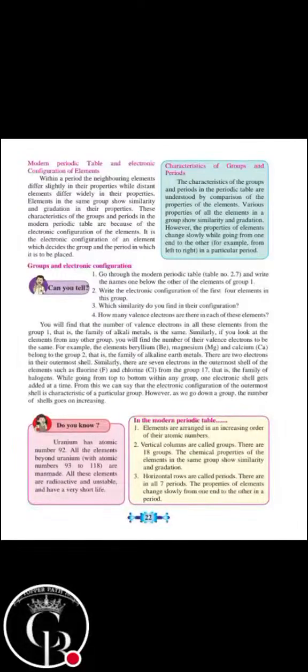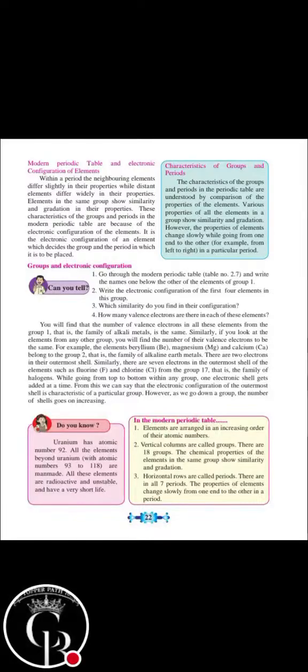Next, the modern periodic table and electronic configuration of elements. The characters of groups and periods in the modern periodic table are because of the electronic configuration of elements. The electronic configuration of an atom decides the group and period in which it is to be placed.